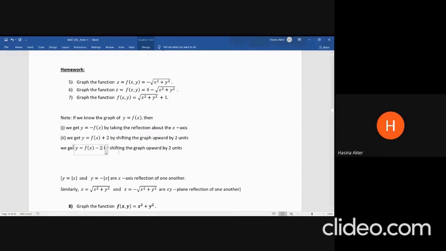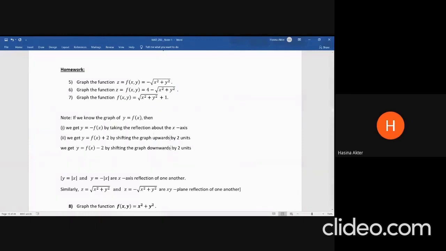Shifting the graph downwards. Okay, good. There are many more transformations, right?